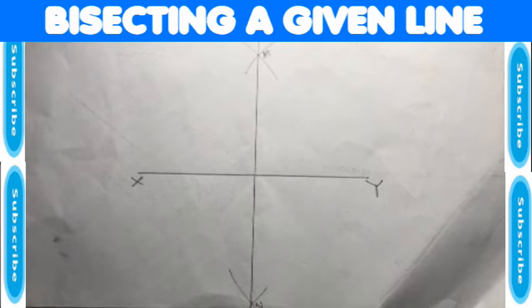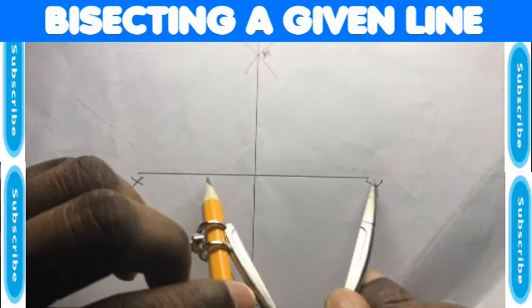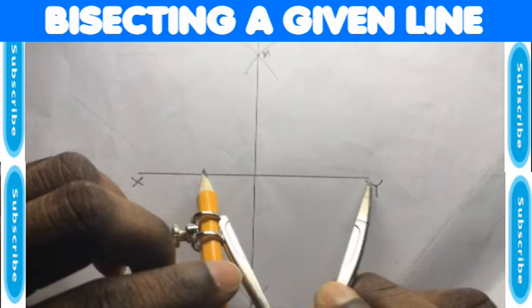So this is very simple, and we have bisected a given line. This is how one can bisect a given line. You rule the line, label the line. Over here we labeled it XY. Stand at one end of the line, open your compass to more than half the radius of the line that you have drawn.